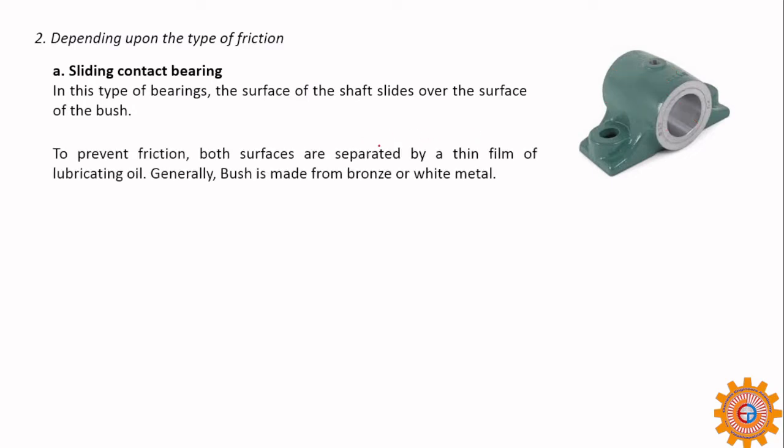To prevent friction, both the surfaces are separated by a thin film of lubricating oil, and the bush is made from bronze or white metal or zinc, aluminum, whatever it is, depending upon the use of this bearing.